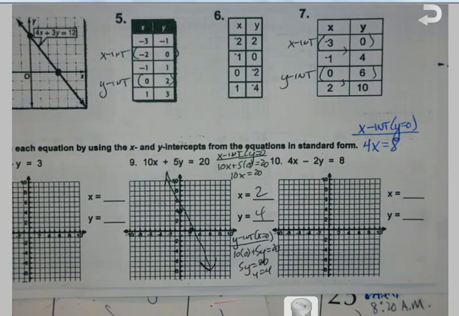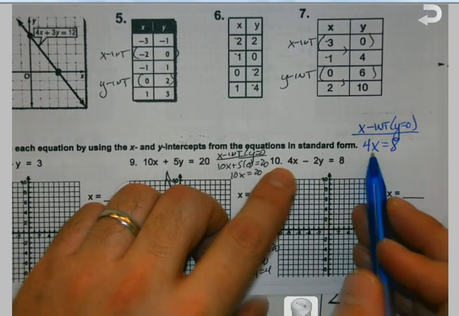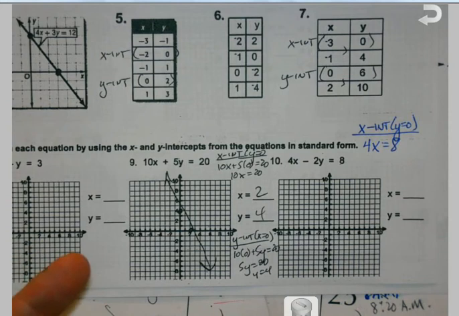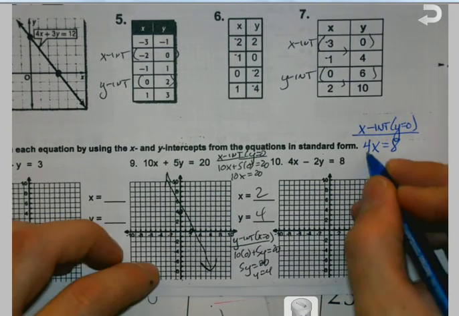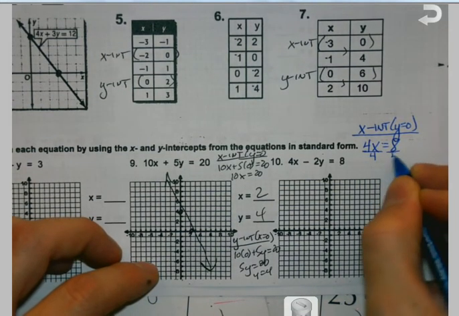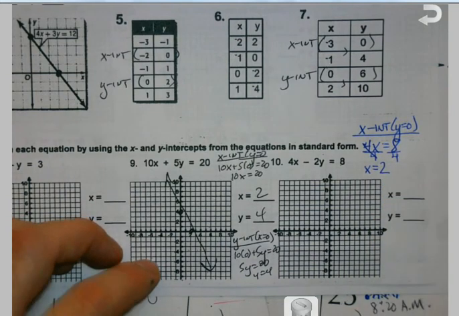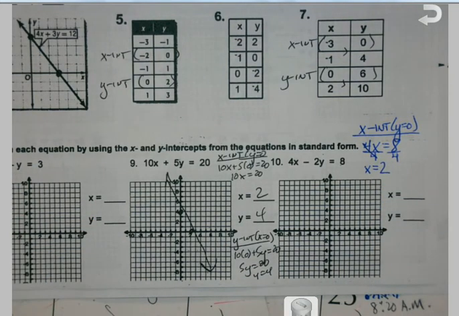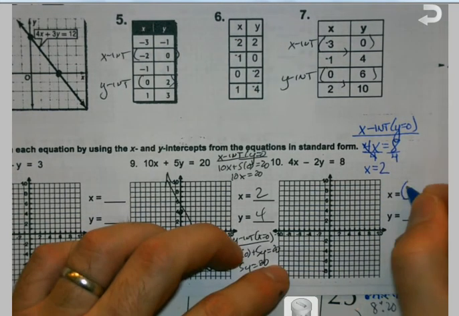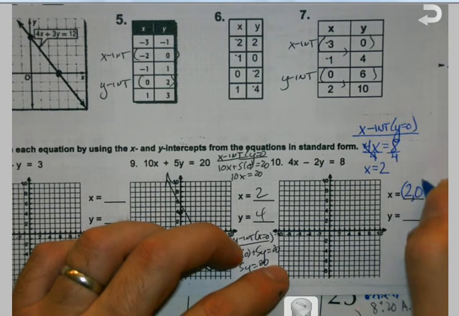And when I solve that for x, I'm going to have my x-intercept. It's kind of cool. So if 4x equals 8, what's my one step to figure out what x is? Divide. It's 2. So my x-intercept is 2, 0.